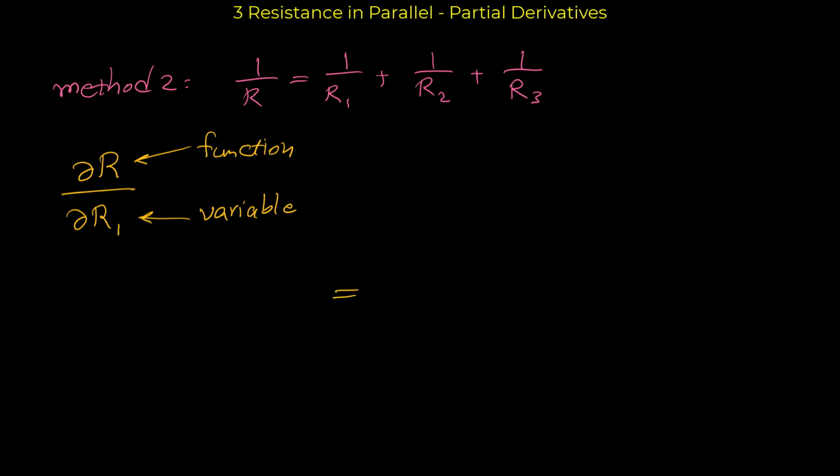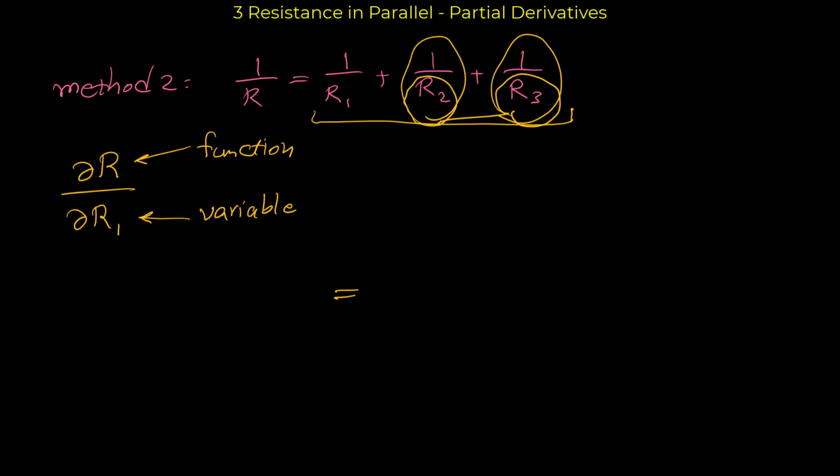So r1 is like x. Let us start. I'm going to start taking derivative of the right side first with respect to r1. The derivative of these two terms with respect to r1 is 0, because r2 and r3 are independent variables. They are variables for themselves, so they are independent to r1.